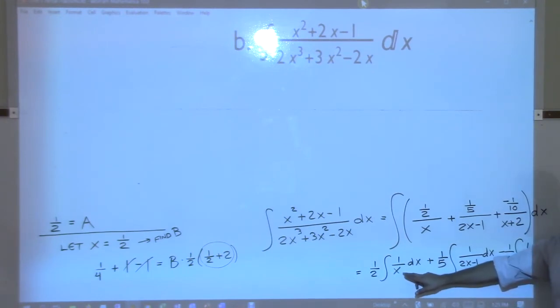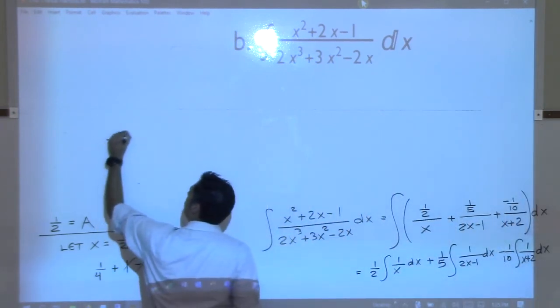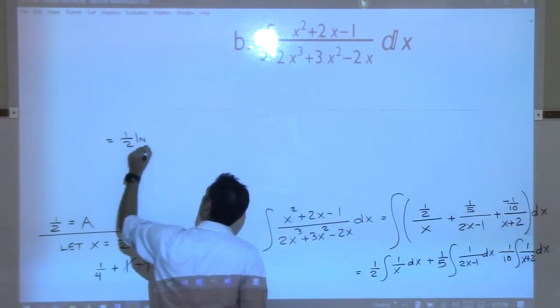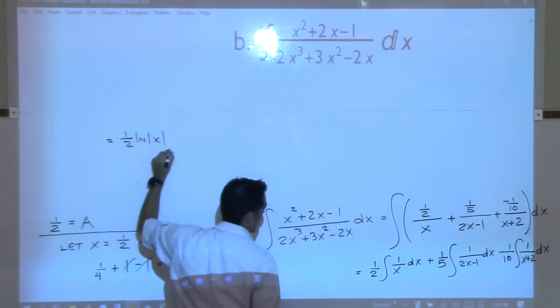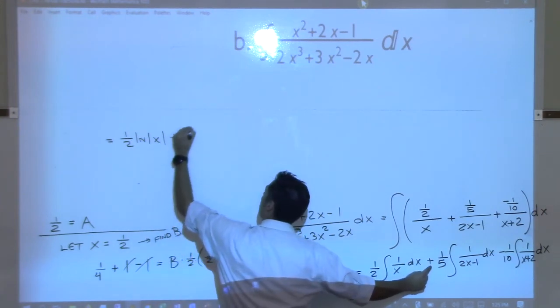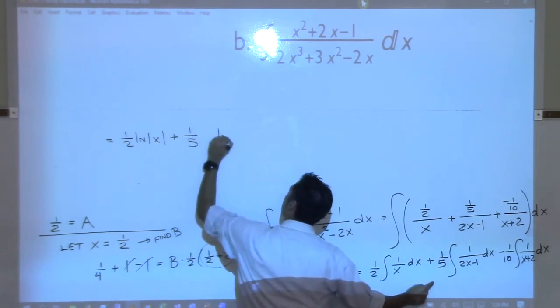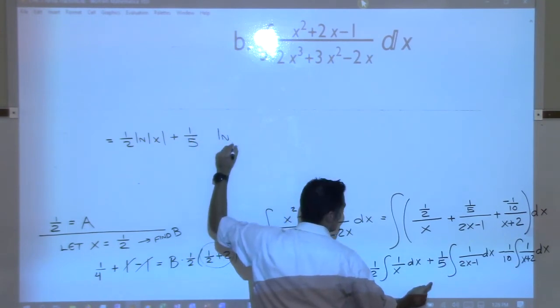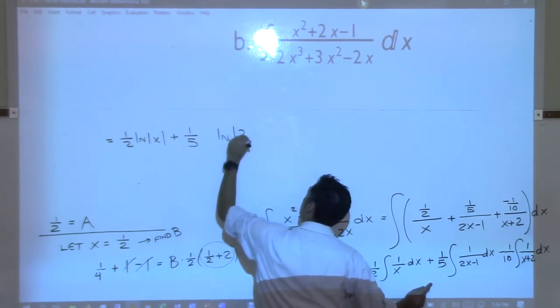What's the antiderivative of this? ln, so 1/2 ln absolute value of x. Okay, right? Plus, keep going. ln of 2x minus 1.